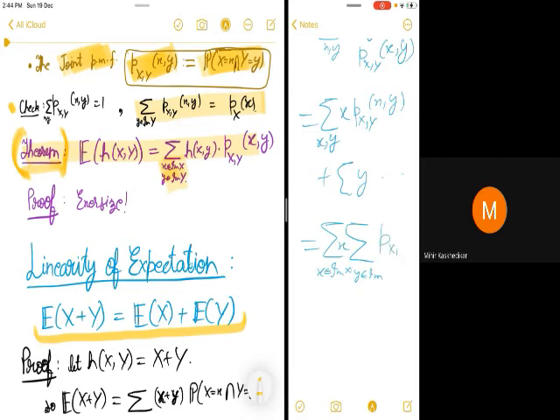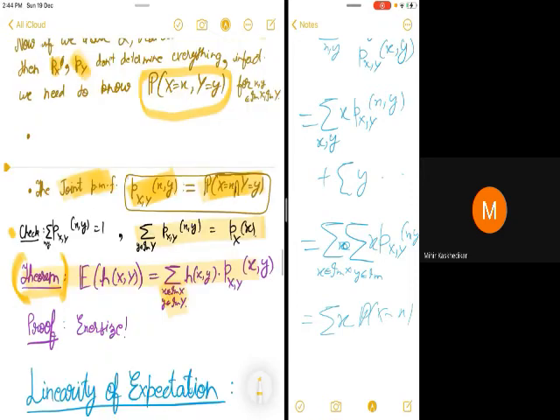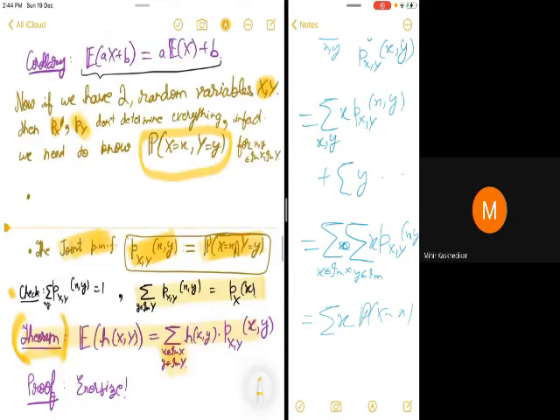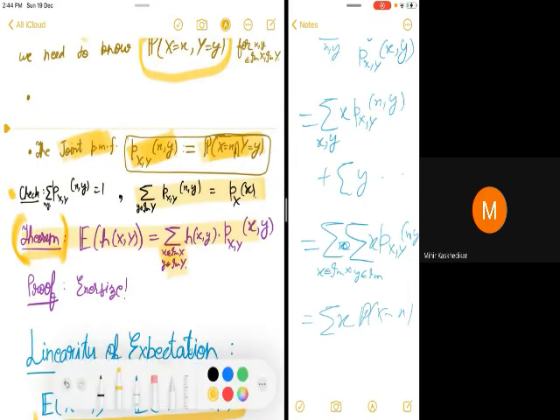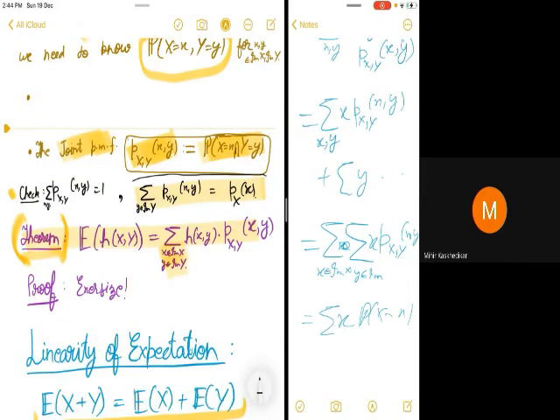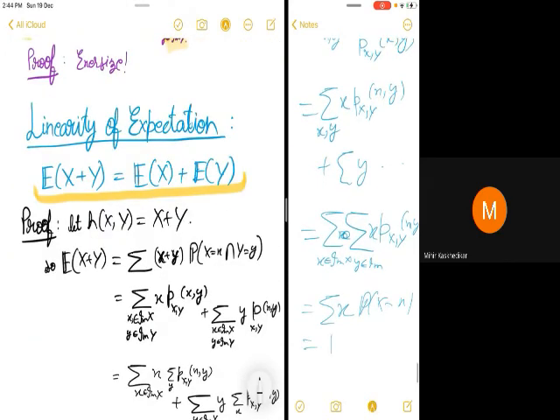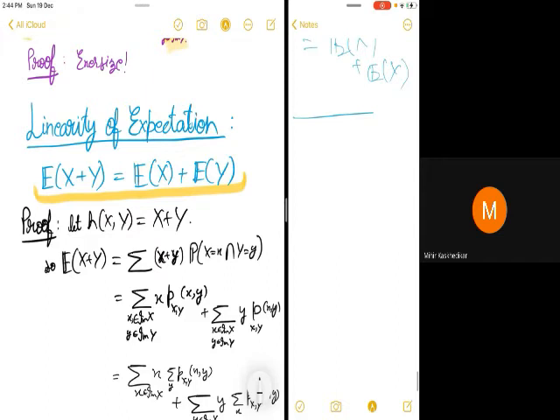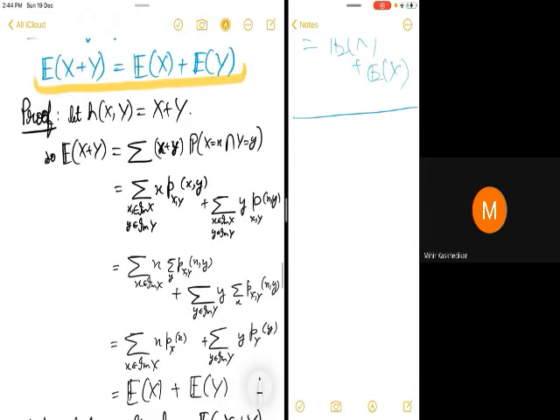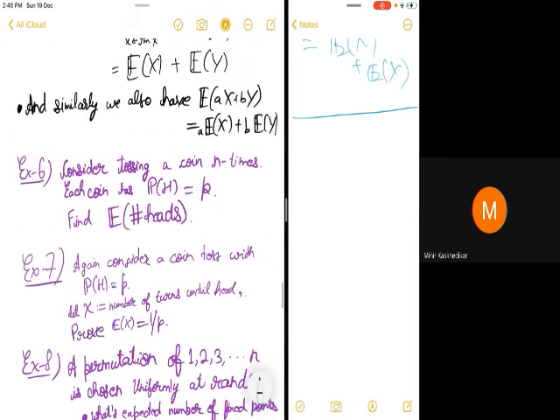of x times the joint probability mass function. But this is then just the sum of x times the probability that X is x, because we saw that this is true for joint probability mass functions. And so we get the expected value of X, and the other term is the expected value of Y. So here is the proof if you want to go through it.